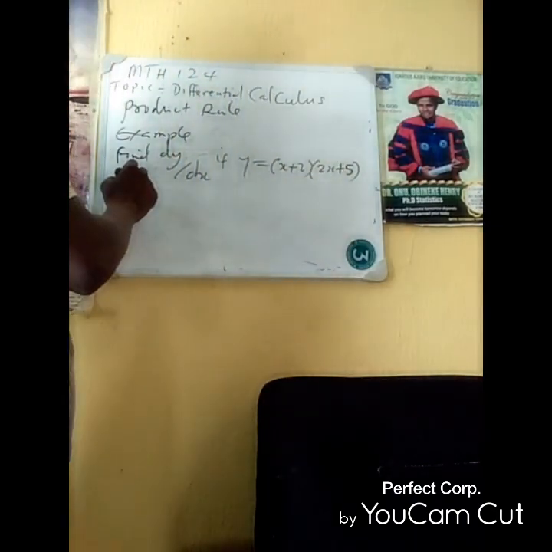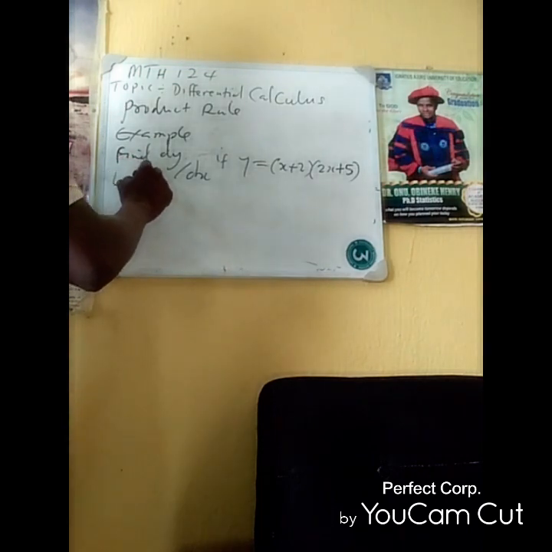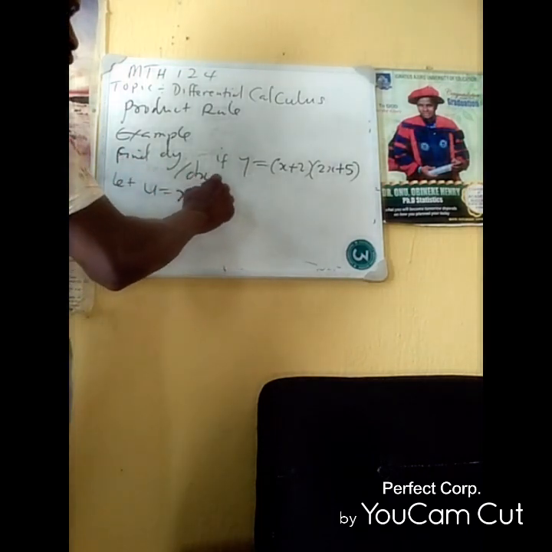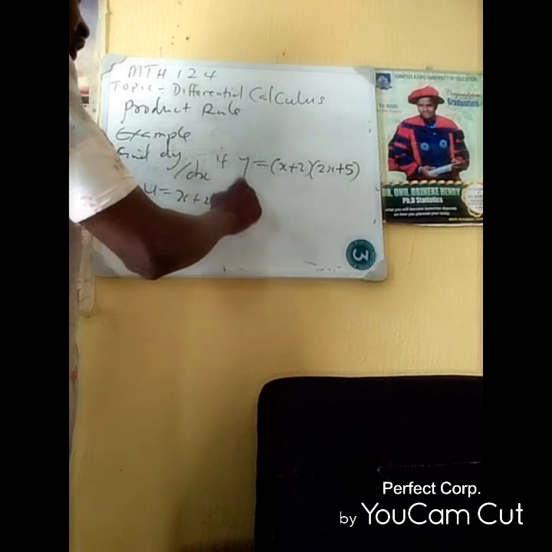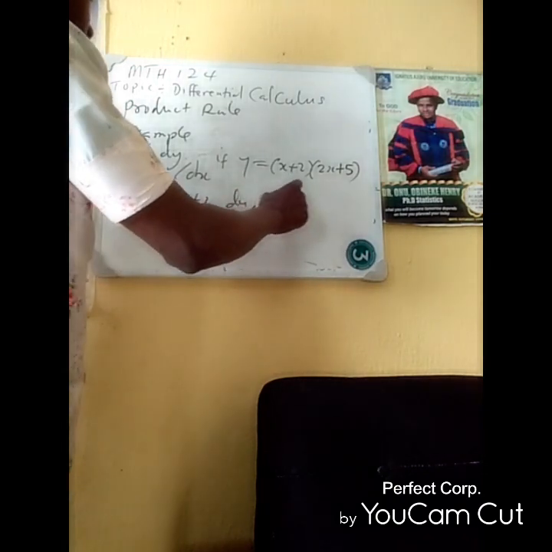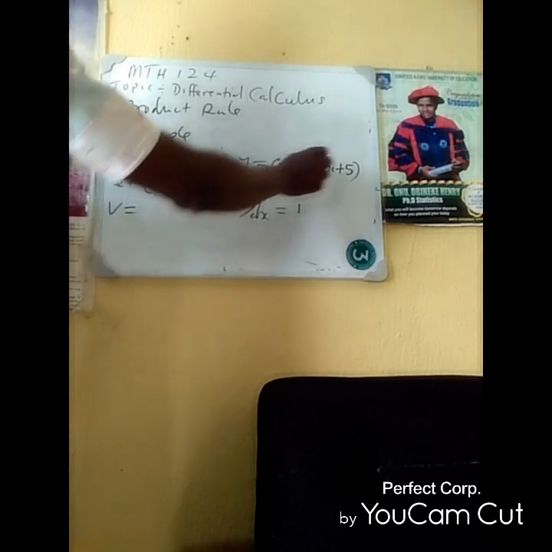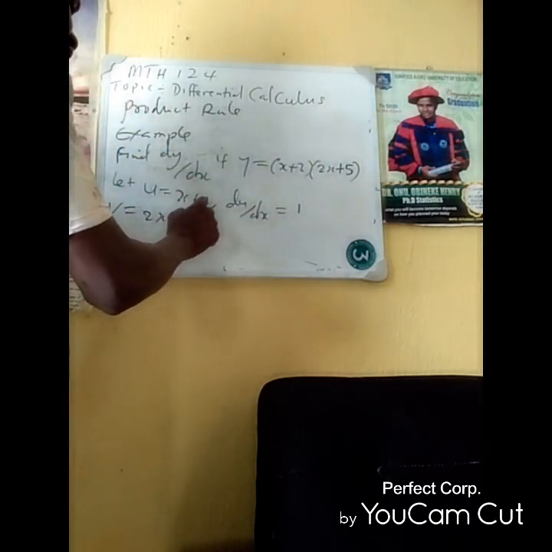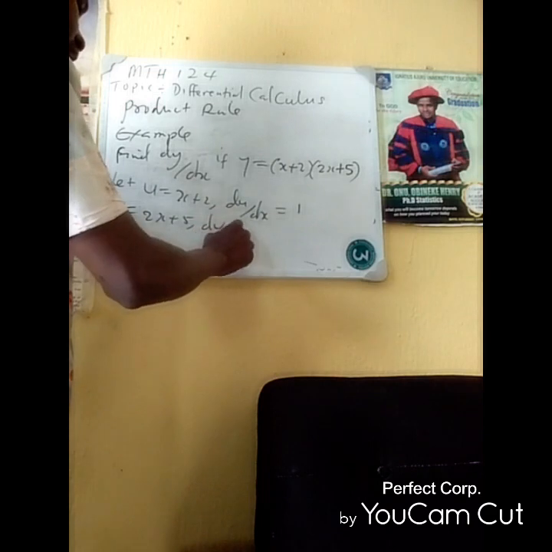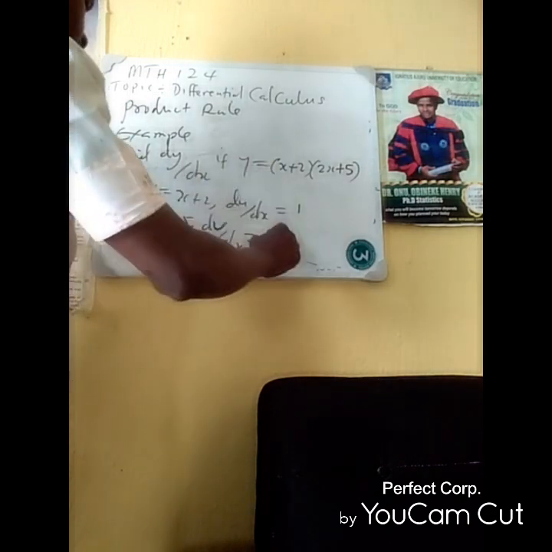Let's do this quickly. So let u be equal to x plus 2, differentiate u with respect to x to have du over dx equal to 1, and let v be equal to 2x plus 5, and dv over dx be equal to 2.